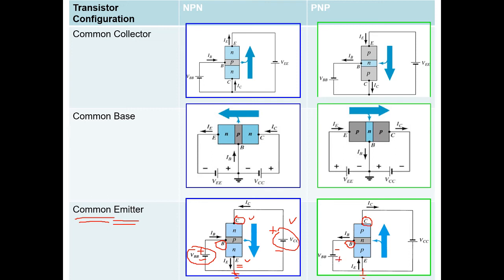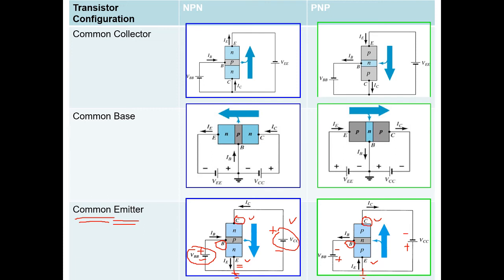Even though this is a common emitter, how you put the biasing, you refer to the emitter type. So the emitter is P-type, so you connect it to positive. Same with the other terminal over here, the collector and also the emitter. The emitter is P-type, so you connect your P-type emitter with the positive side of your source, and then the collector will be connected at the negative source.